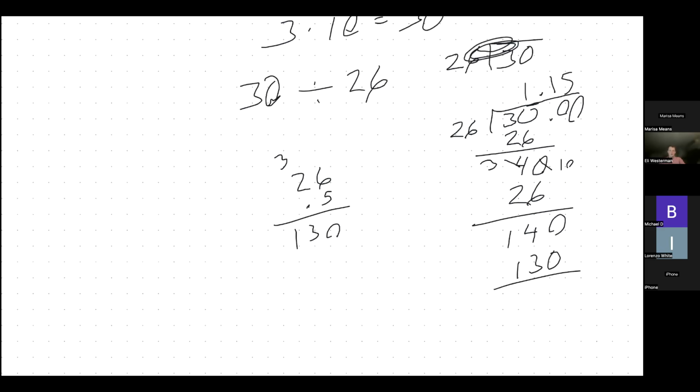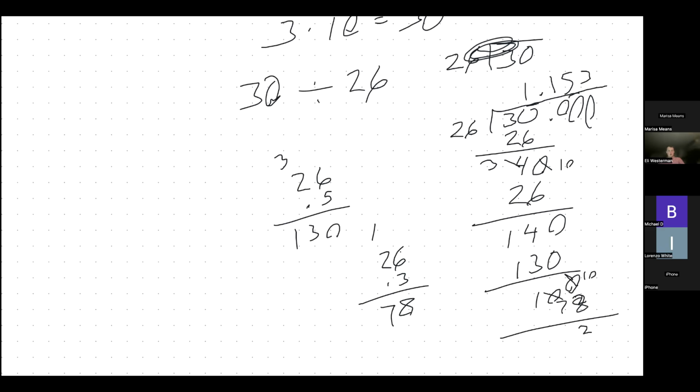This is going to be 10. Bring down a 0. And at some point, I'm going to stop doing all these decimal places and just round. 26 times 3 is 78. And then that gives you 10 minus 8 is 2. At this point, we're just going to round and call it a night, but it's like 1.153 hours.